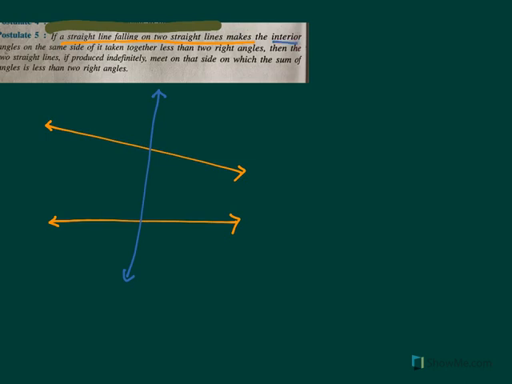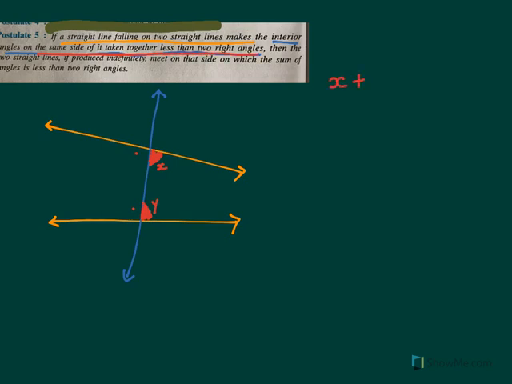And the interior angles on the same side, taken together, are less than 2 right angles. Now which are the interior angles? Here I have 4 interior angles. But which do I have to take? On the same side. So I take this interior angle and this interior angle. I will mark them as X and Y. Taken together, they are less than 2 right angles.